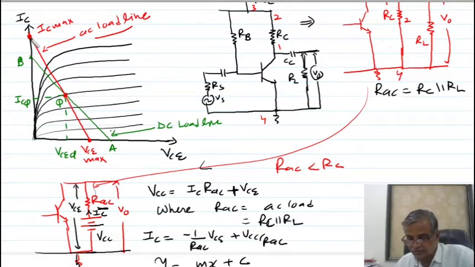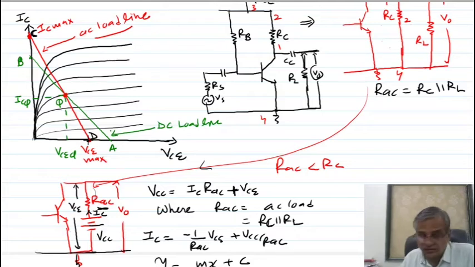Now I have to find this point C and this point D to draw the AC load line. Listen, see here how I am finding this point.